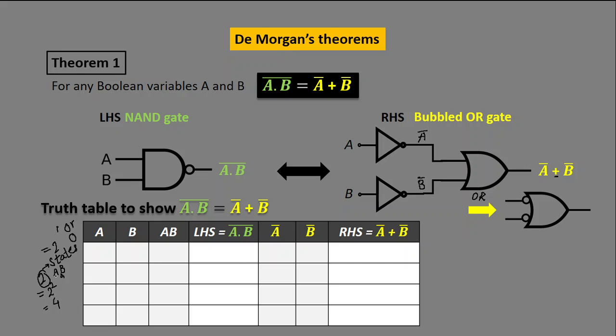So if there are two inputs, A and B, and the possible outcomes are 1 or 0 for each, then the possible combinations will be 4. We have already seen that in the truth tables of the AND gate, OR gate, NOR gate and XOR gate. Everywhere there are only 4 possible combinations. So here also 4 possible combinations can be created.